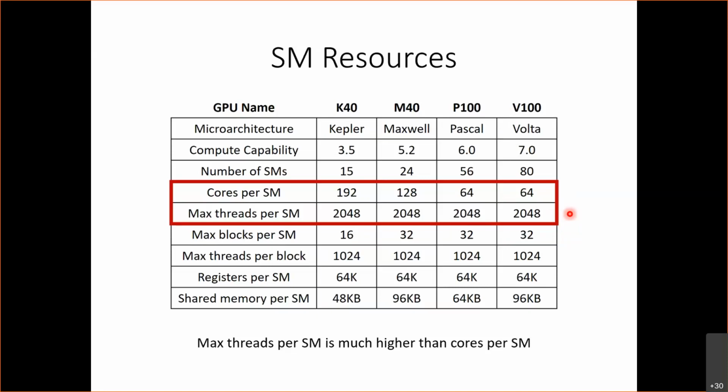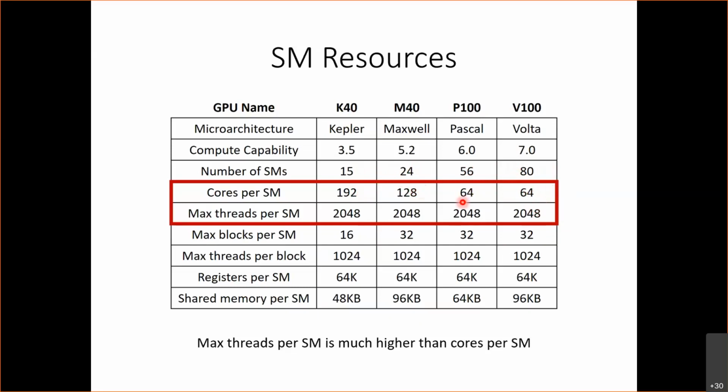Why did they go down with the K40? The V100 is newer than the K40, no? Yes. So here, you've noticed that there's a trend where they reduced the number of cores per SM, and what this does is that it allows you to have more SMs, and it allows you to have more multi-threading on each SM so that you can hide latency.